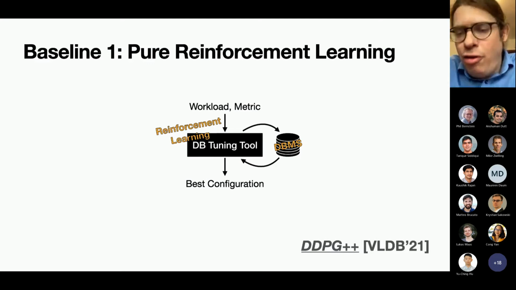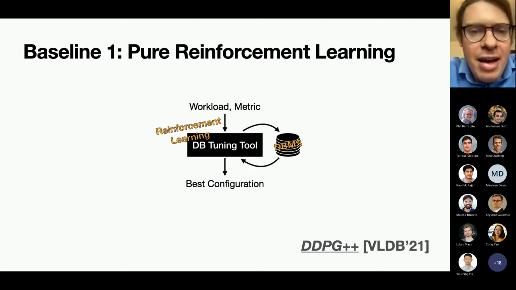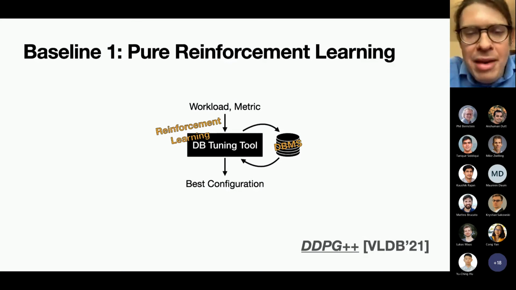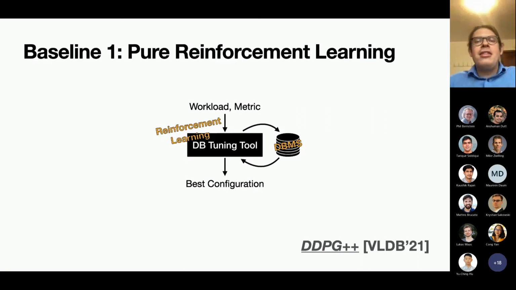The baselines that I'm comparing against in the following are, first of all, baselines that purely use reinforcement learning. Those baselines essentially try out things as they go, starting pretty much from scratch from random initializations, and then use reinforcement learning in order to converge to good settings over the course of a tuning session.